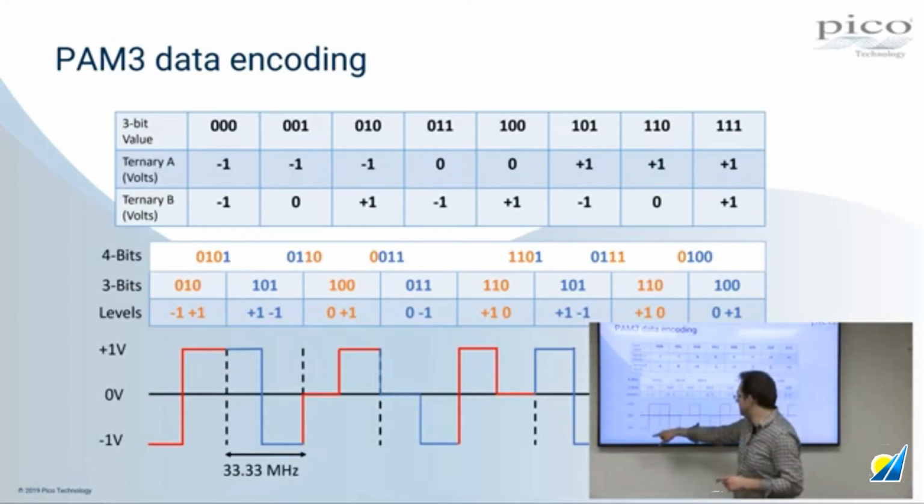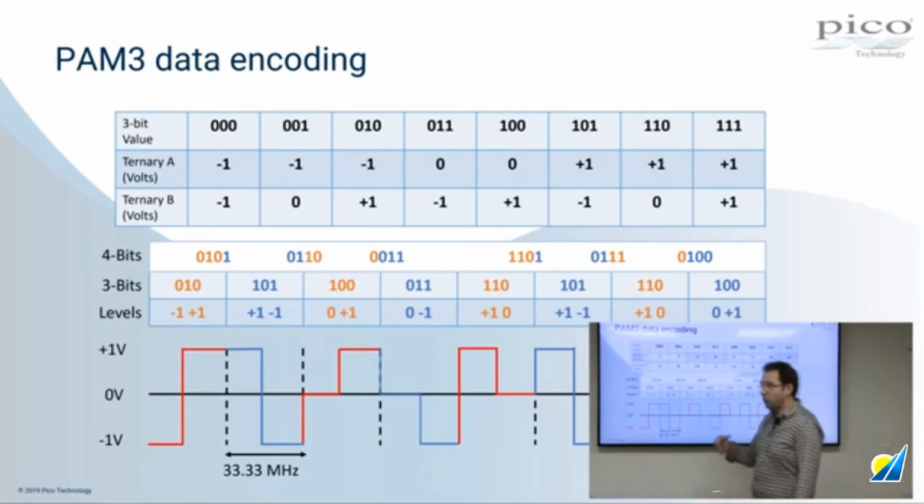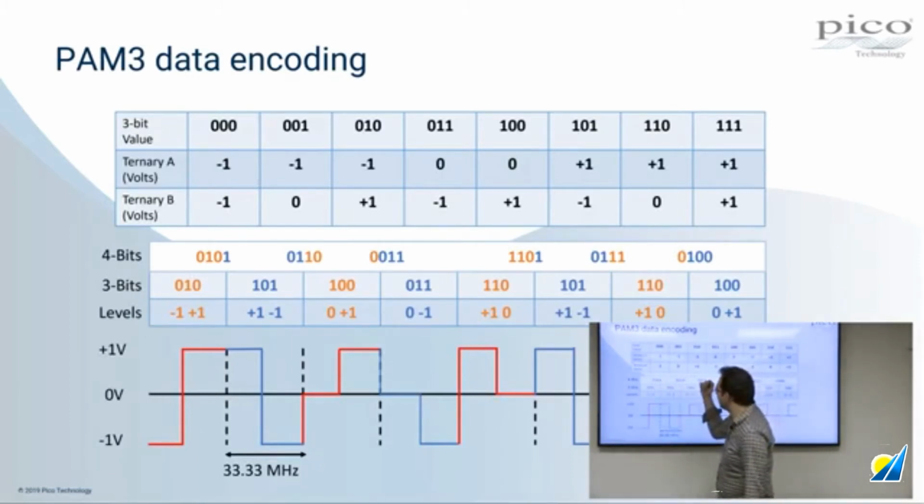Each pair of ternary symbols is going to encode 3 bits of information. There are 9 possibilities for the states of 2 ternary symbols. We're going to not use one of those possible states, and we'll be left with 8 possibilities which can encode 3 bits of data.